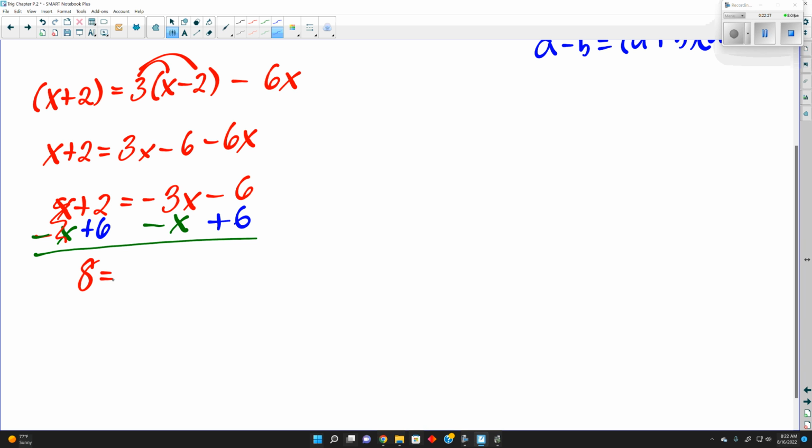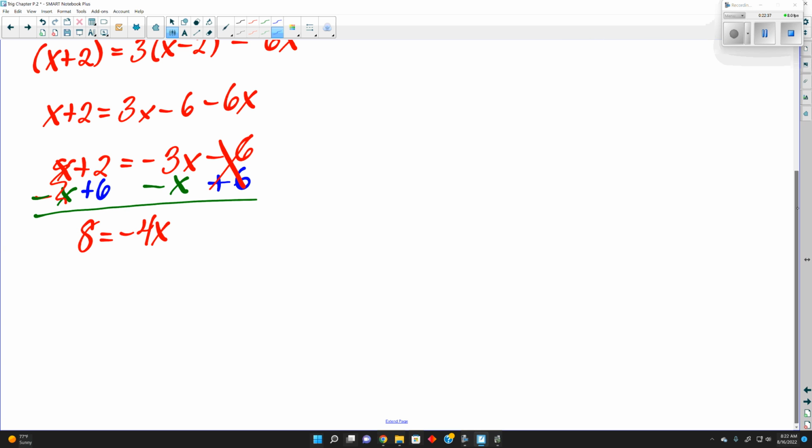Is equal to negative 3x minus x is negative 4x. Negative 6 plus 6, that cancels out. So that leaves us with 8 is equal to negative 4x. And last but not least, we would divide by negative 4, telling us x is equal to negative 2.